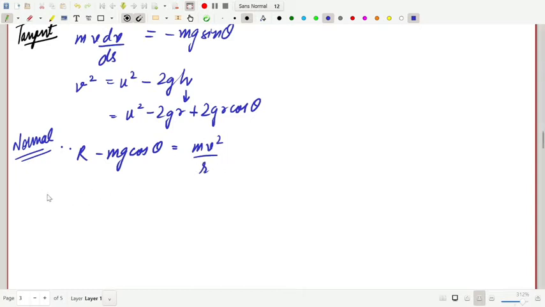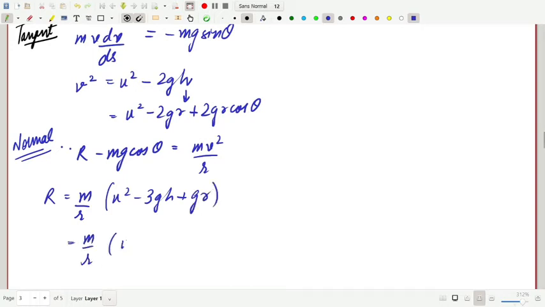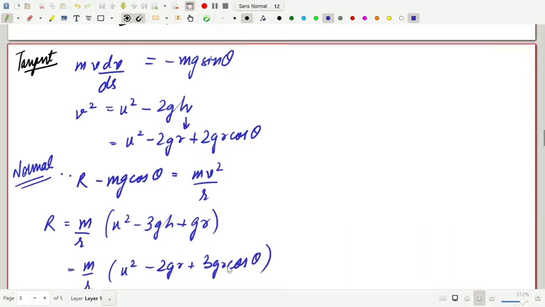Normal reaction R is equal to m over r times u square minus 3gh plus gr. Again, if we substitute the value of h, then we get m over r times u square minus 2gr plus 3gr cos theta.